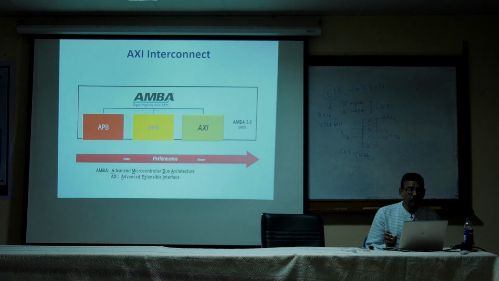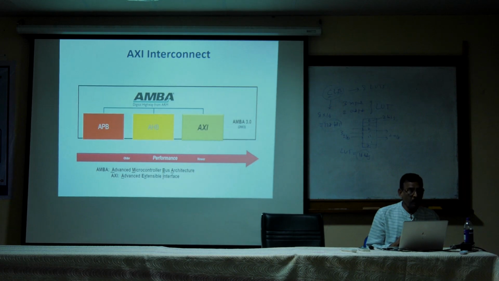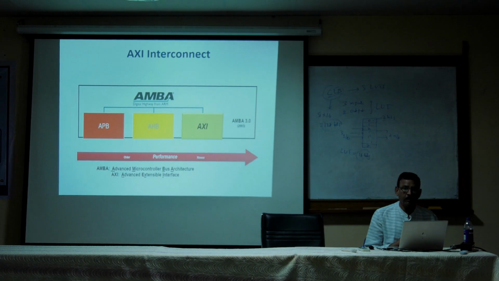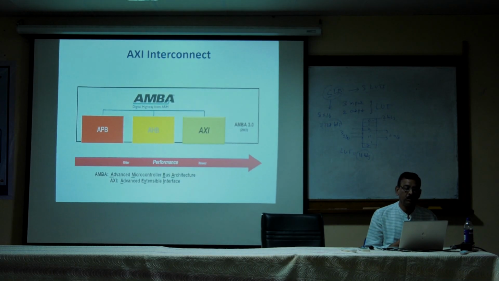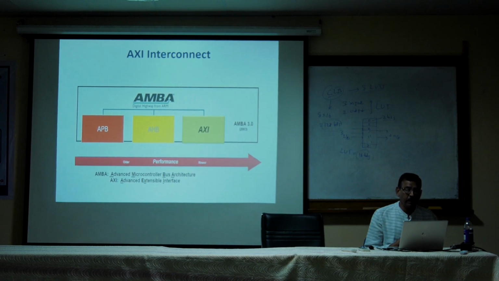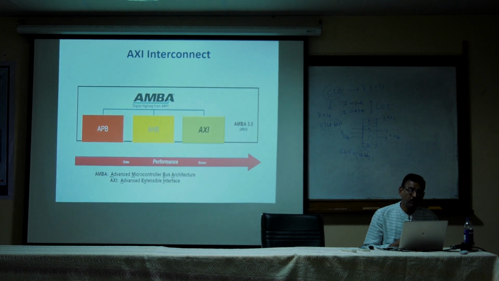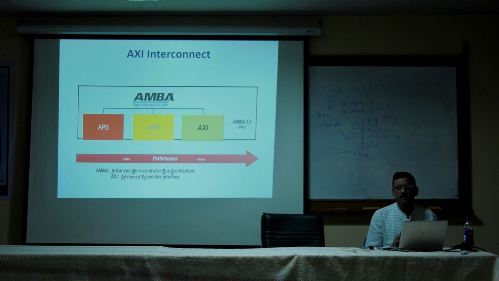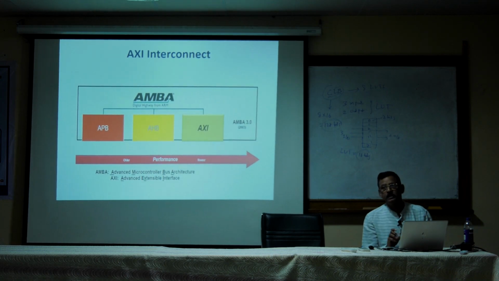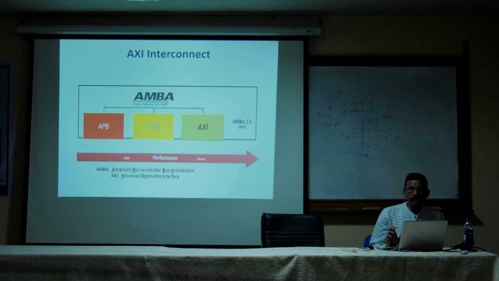The A can stand for advanced or AMBA. From the AMBA only, these 3 bus interfaces are derived: peripheral bus, AMBA high performance bus. But here, advanced extensible interface means you can also use A for advanced peripheral bus, advanced high performance bus, advanced extensible interface. This AXI bus is mainly for interfacing the FPGA fabric with the processor core.